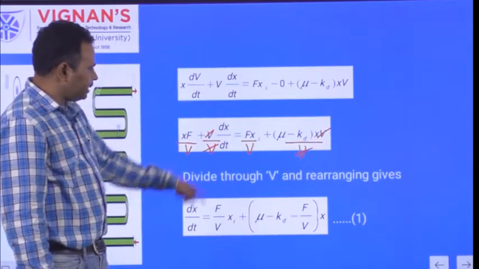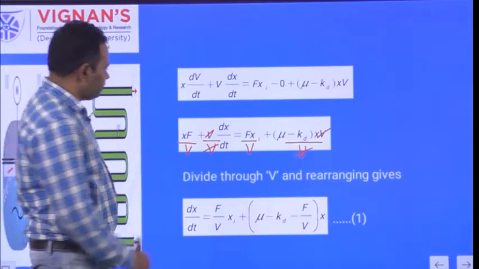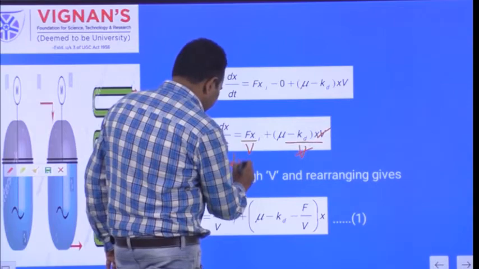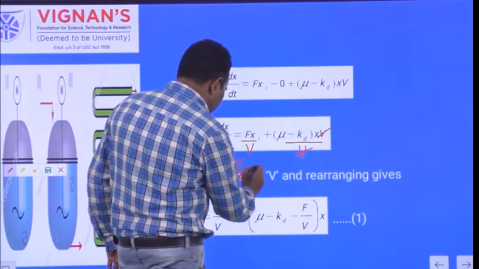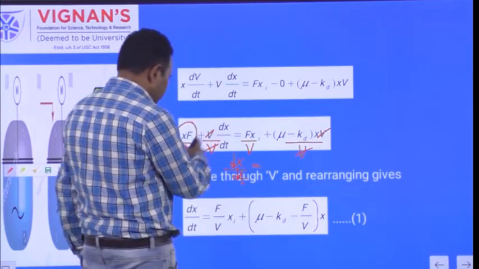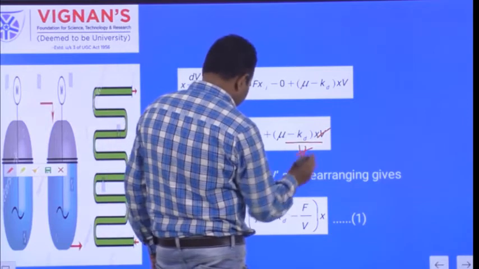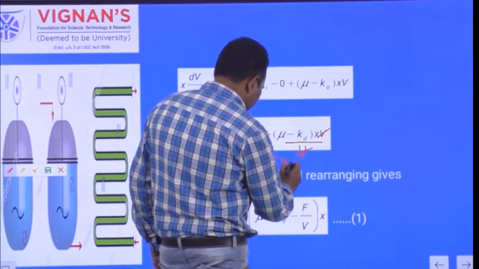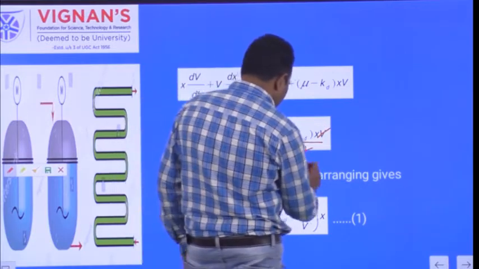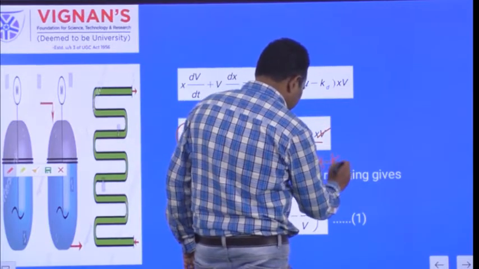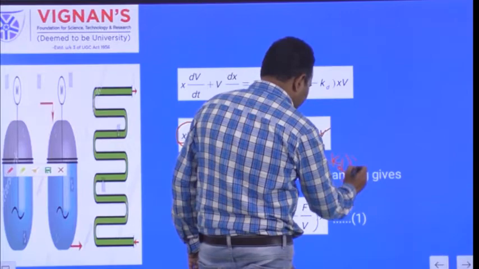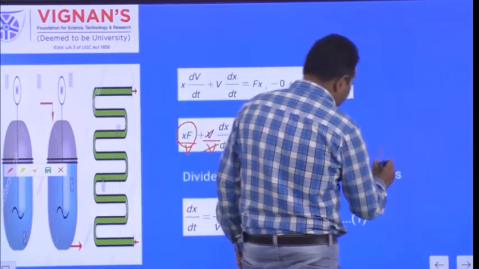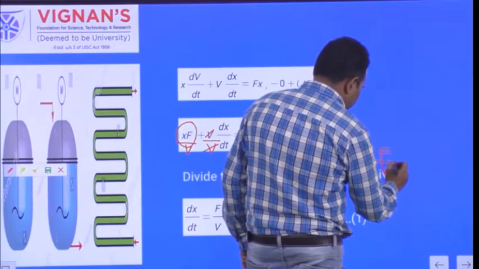To solve for dx/dt, bring this Fx to the right hand side. Then you can write dx/dt is equal to, already on the right hand side we have F by V into xi, and also plus (mu minus kd) into x, minus F by V into x.